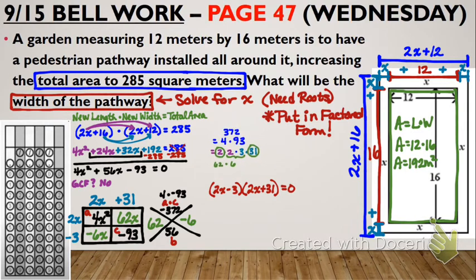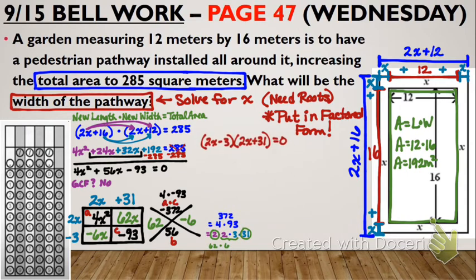What do I want to do with each of those factors now? Set them equal to 0. I'm going to move this up a little bit higher on my screen. There we go. So I'm going to have 2x minus 3 equals 0, and 2x plus 31 equals 0.